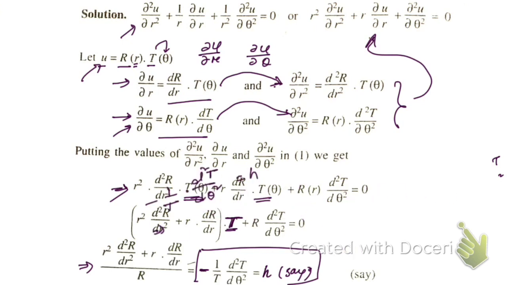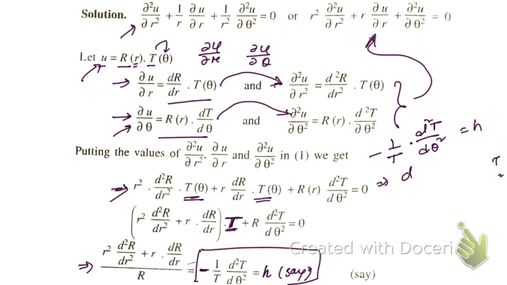So let me write here on this side. Then you're going to have this, right? Minus h T, and if you bring it to this side, then it's going to be positive. So let me write here T double prime plus h T is equal to 0.